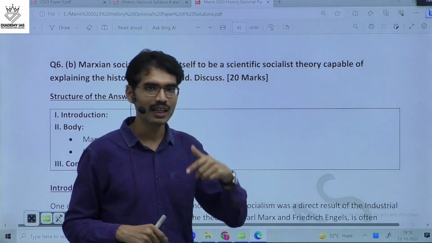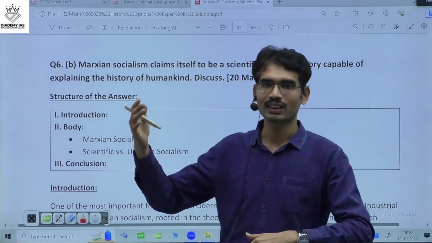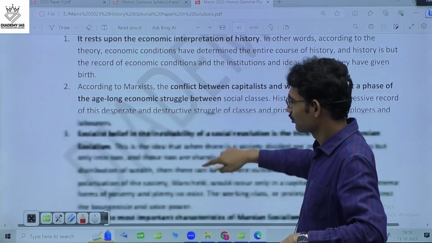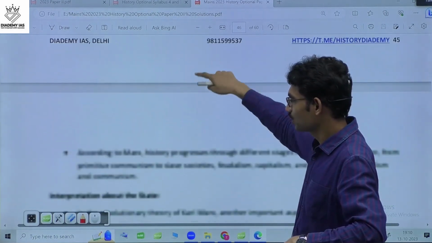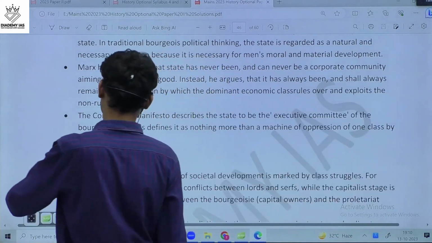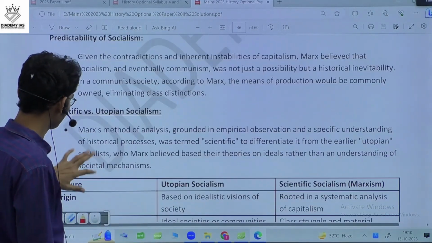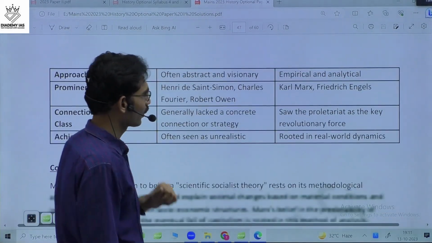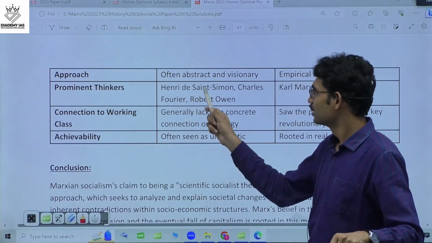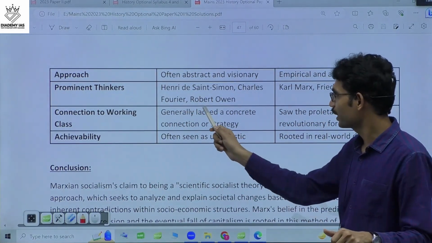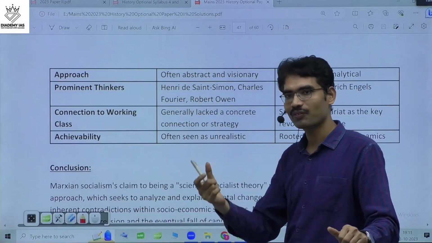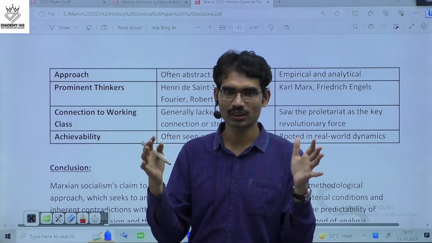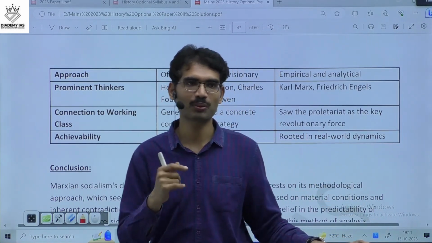But Karl Marx and Engels said the previous thinkers, for example Saint Simon, Robert Owen, Fourier, were saying that based on moral principles, a socialist type of society is possible.